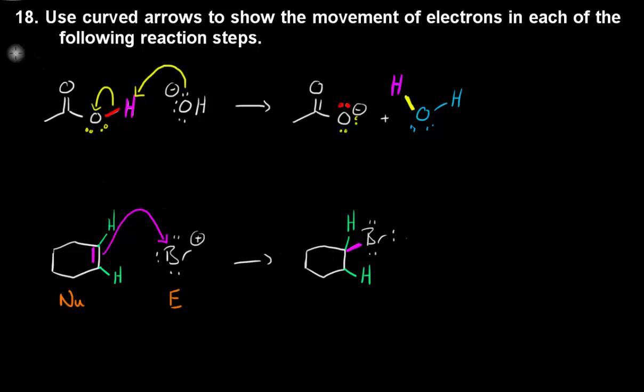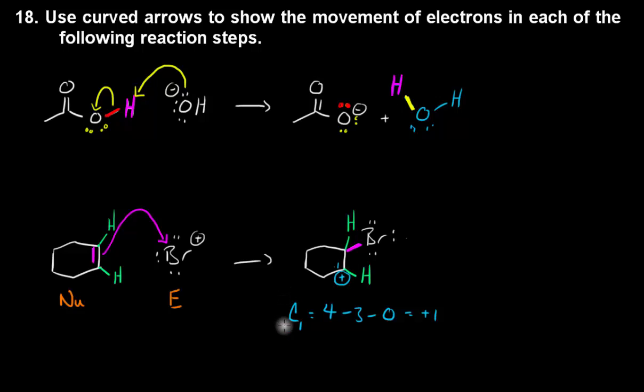And so we know that this bottom carbon is going to be positively charged, because if we do our formal charge calculation, let's call this carbon 1. Carbon 1 is going to have a charge of 4 minus 3 covalent bonds minus 0 lone pairs. So that's going to be +1. So we know that this carbon 1 has to be positive.